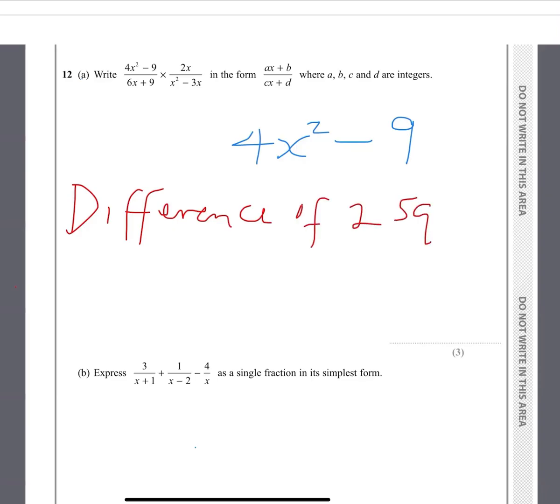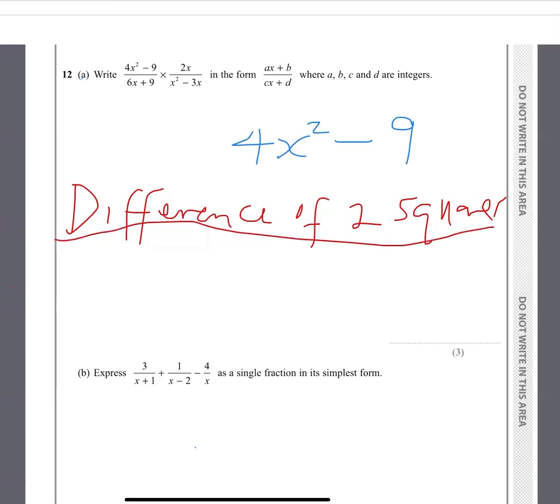Yeah. Is it when one bracket is a minus and the other bracket is a positive? That is what you are going to have in the end. But how do we know that we have to use the difference of two squares here?